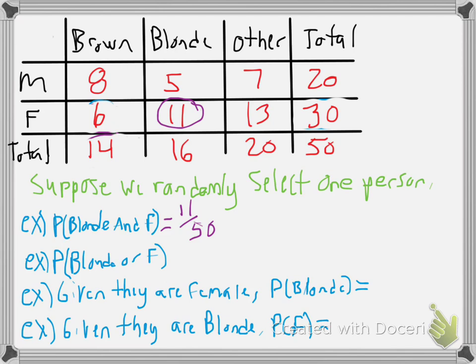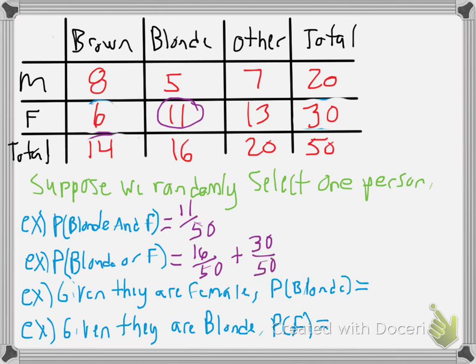Now the next question, this is actually from 5.2. What's the probability that they're blonde or female? So that's very different from blonde and female. We're asking for blonde or female. So we have to take the total number of blondes, which is 16 out of 50, and add it to the total number of females, which is 30 out of 50.